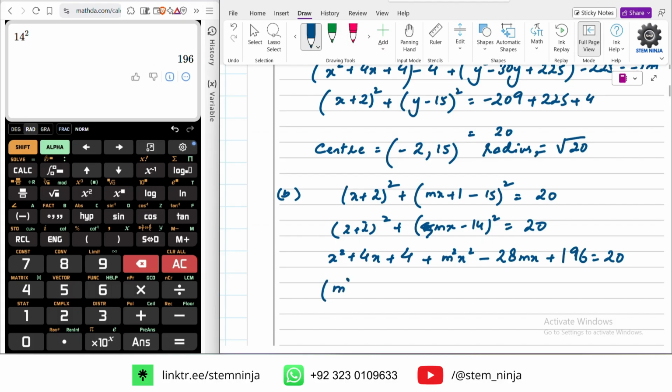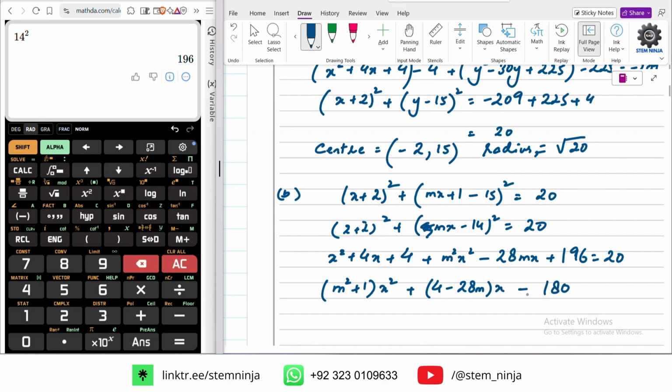You have (m squared + 1)x squared, plus (4 - 28m)x, plus 4 plus 196 minus 20, which is 180, equal to 0.